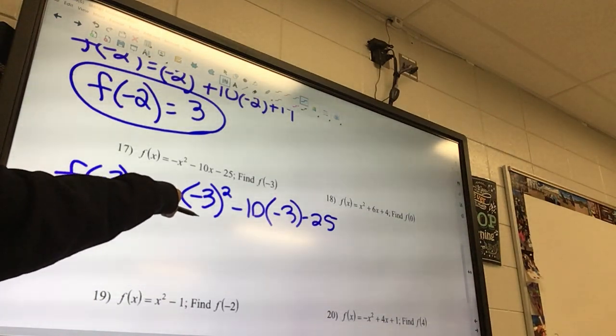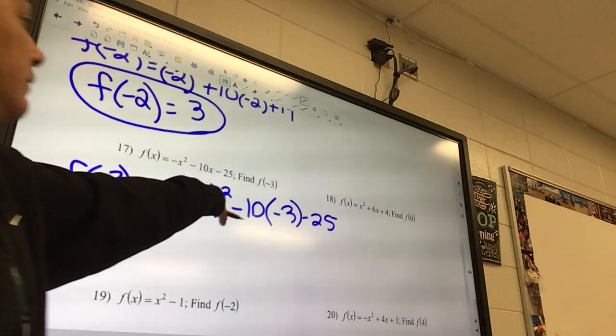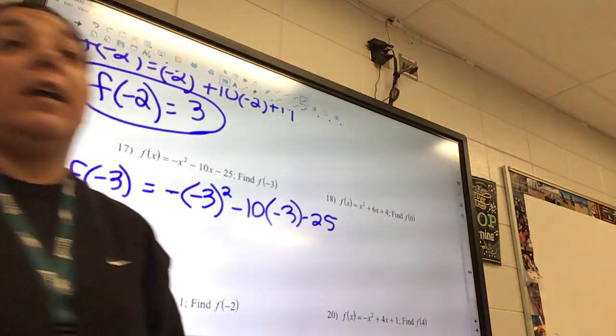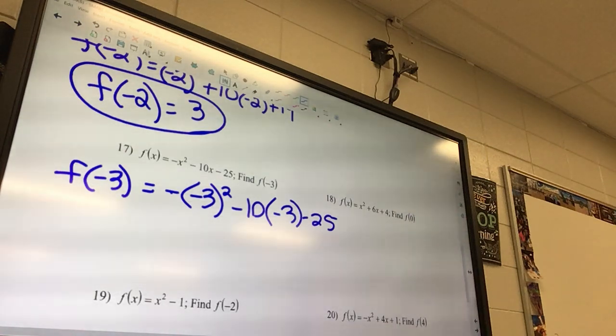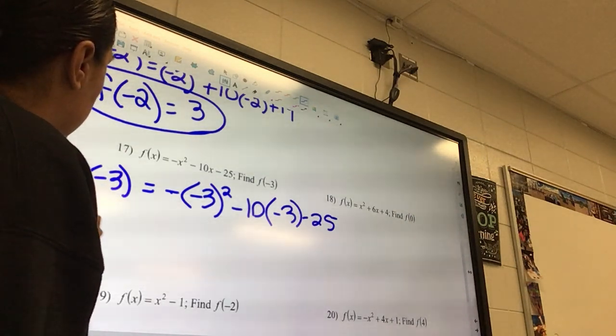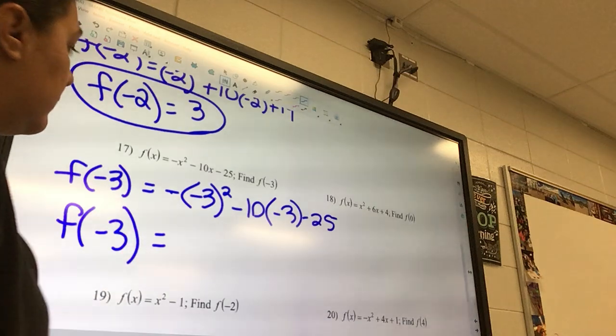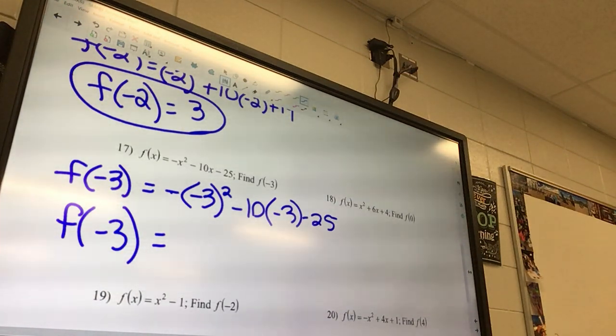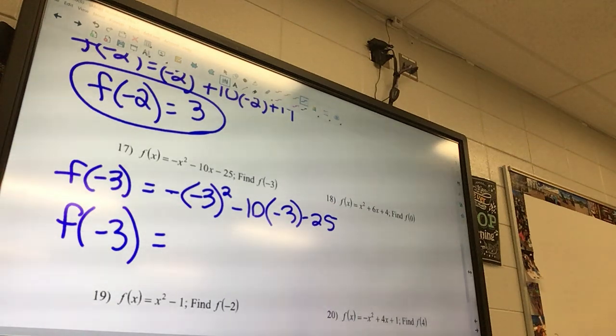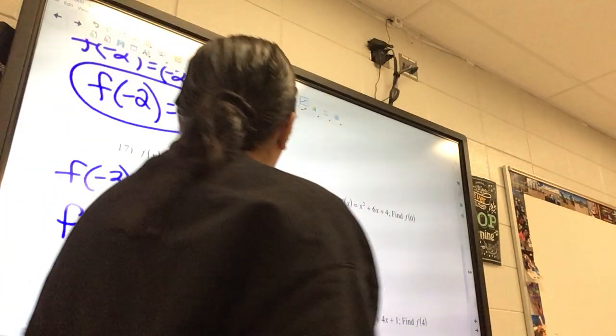Look at how my negative is on the outside, and then I have one on the inside, and the square's on the outside. It has to go in the calculator exactly like that. Somebody check it. You got -4?